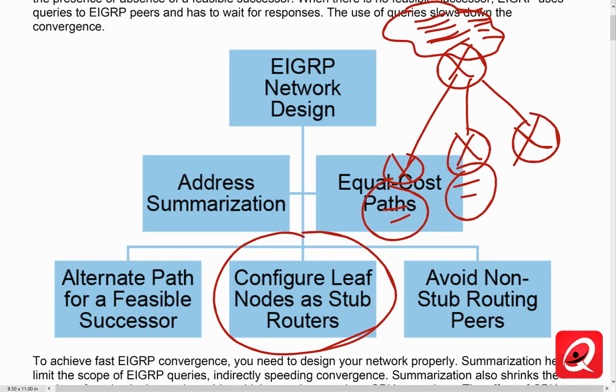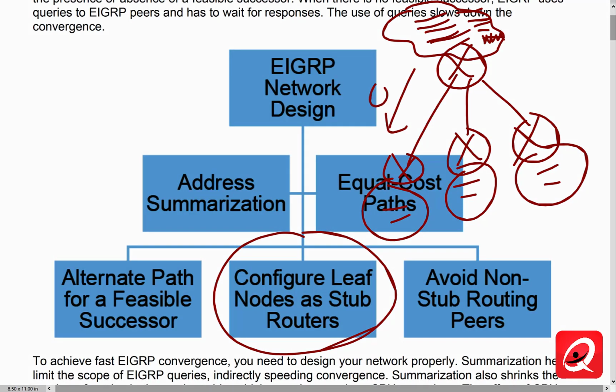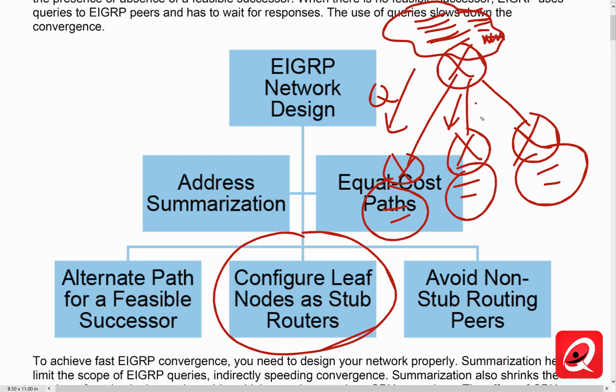And then behind these locations, you got a couple routes there, a couple routes there, a couple routes there. Well, if one of those 1,000 routes goes down, by default, the first thing that the HQ router is going to do is send out a query to the spoke routers for the network that it lost, because there is no feasible successor.